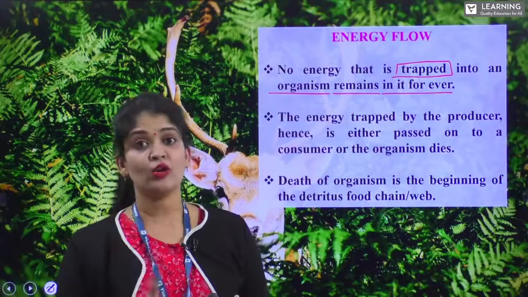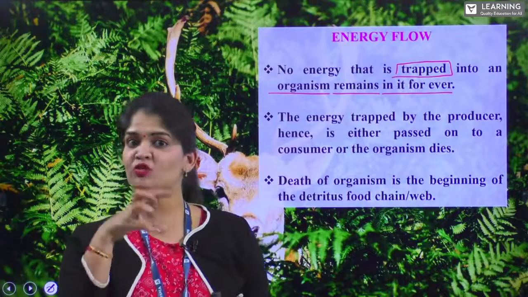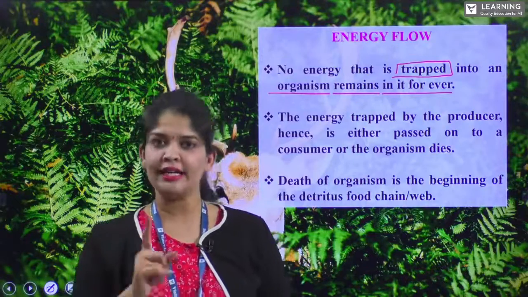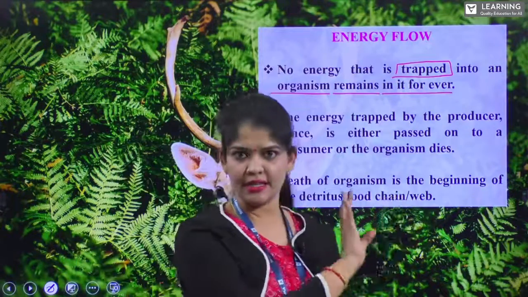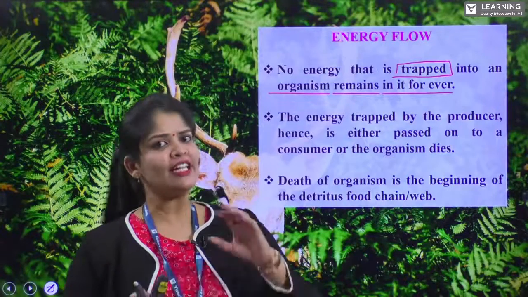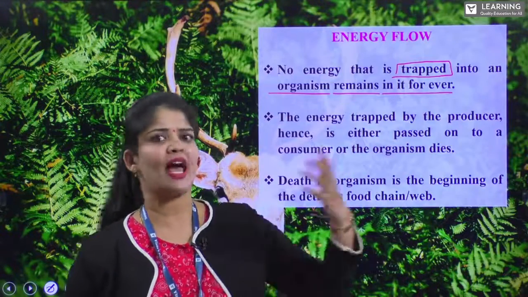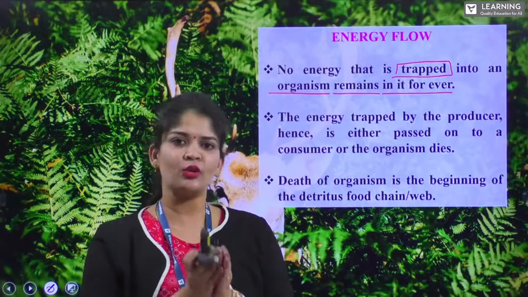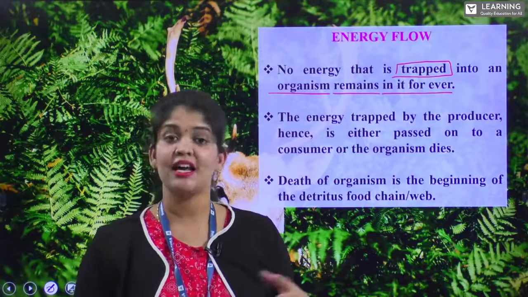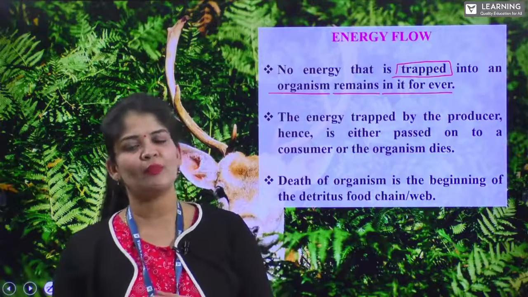Now here, the energy that has been trapped by the plant system will never remain as such. It may be consumed by the next trophic level organism, or if it is not consumed by another organism, this plant will grow and finally reach its aging, that is senescence, and again it has to be taken up by the decomposers.